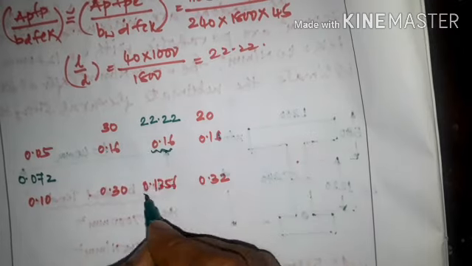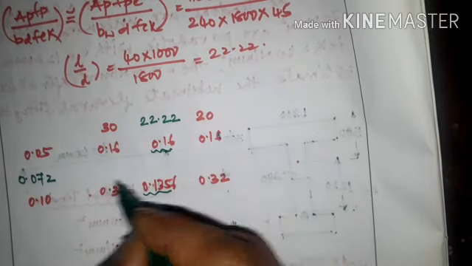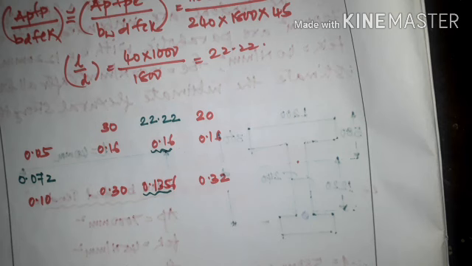Now for these two you have to interpolate for 0.072. You have to do the interpolation 2 times.